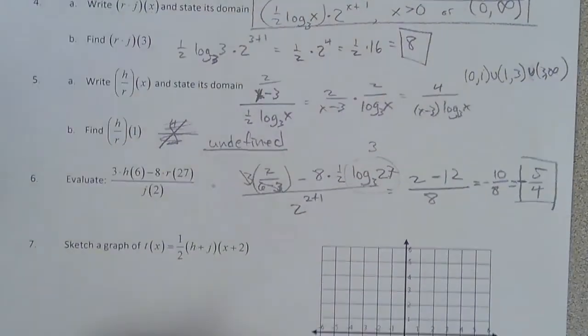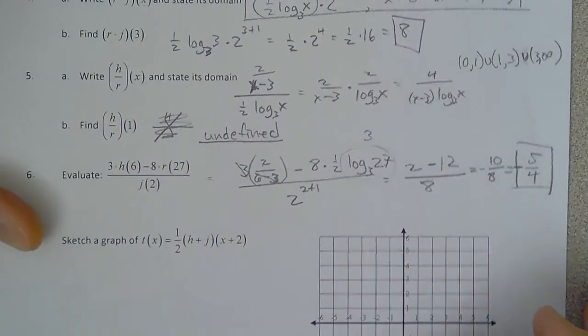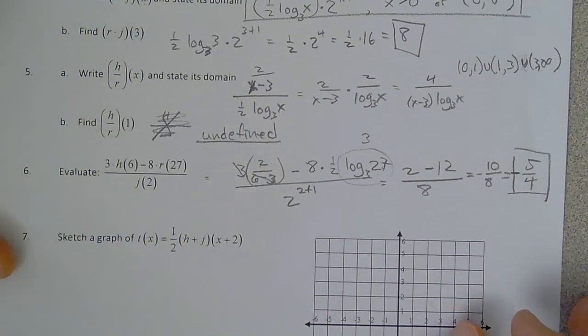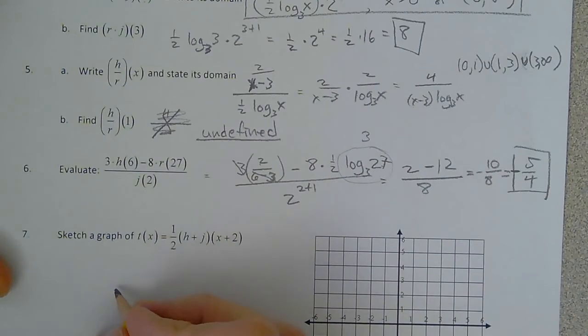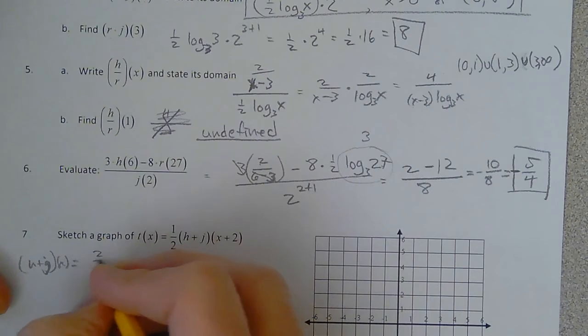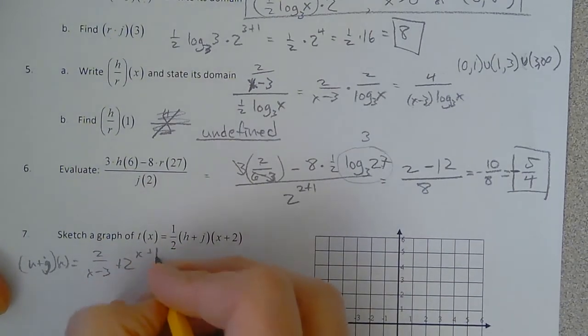And then finally, sketching a graph of 1/2 of h plus j of x plus 2. Let's take a look at what h plus j of x looks like again. Or I guess we haven't done that one yet. So h plus j of x would just be 2 over x minus 3 plus 2 to the x plus 1.